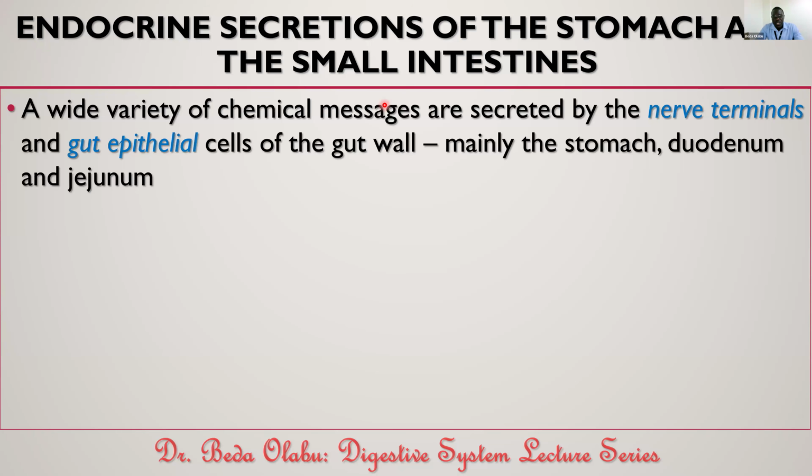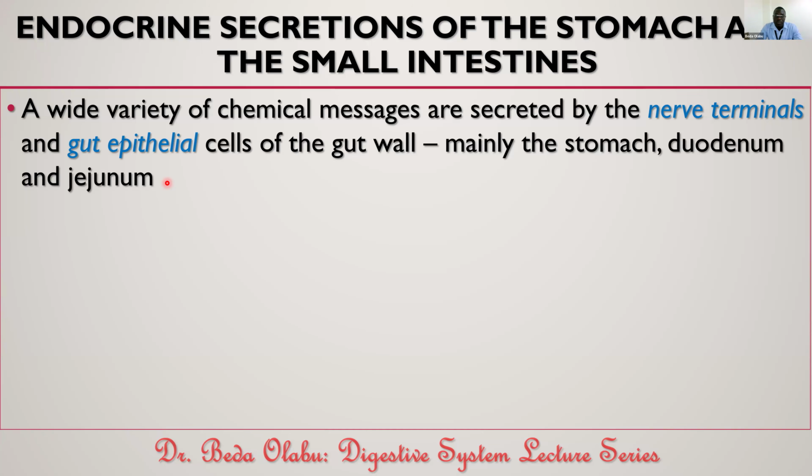So take note that there are several chemical messengers in the form of hormonal substances which are released into the alimentary canal, or rather into the bloodstream around the digestive system.